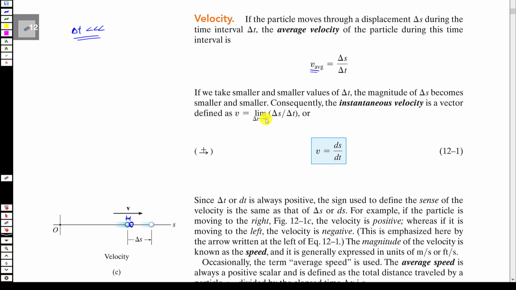So this is the instantaneous velocity. If v is delta s divided by delta t, and we take the limit as delta t tends to 0, so that delta t is very close to 0, then that velocity will be the instantaneous velocity.